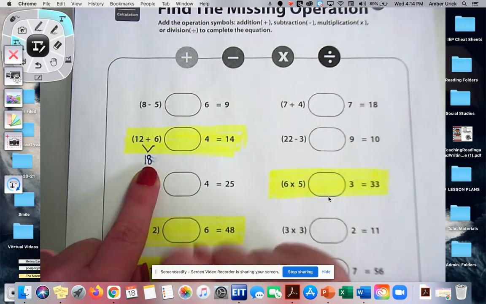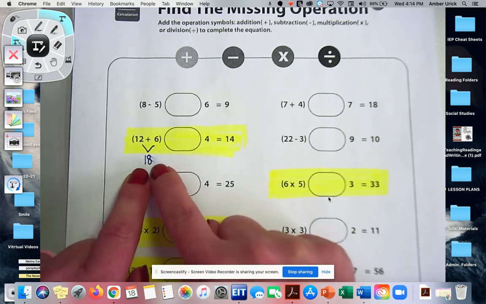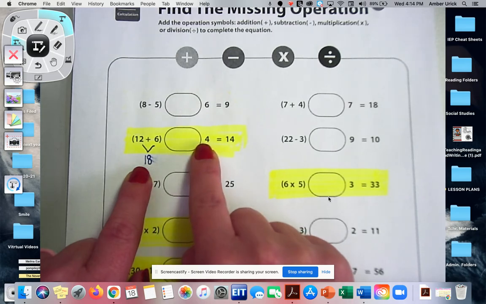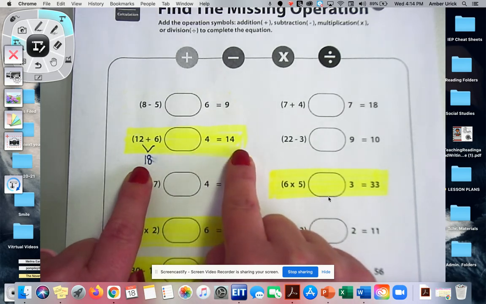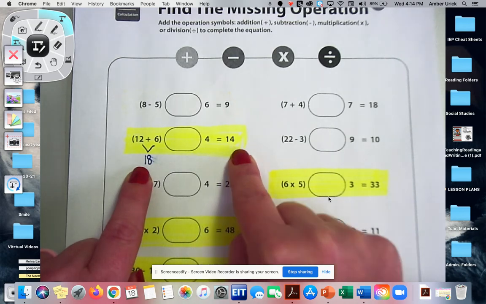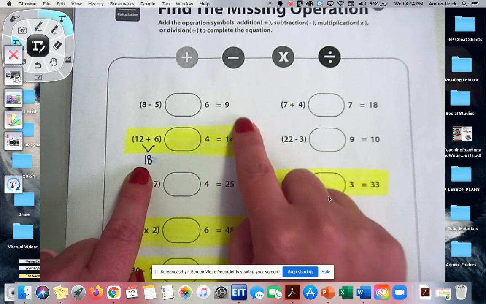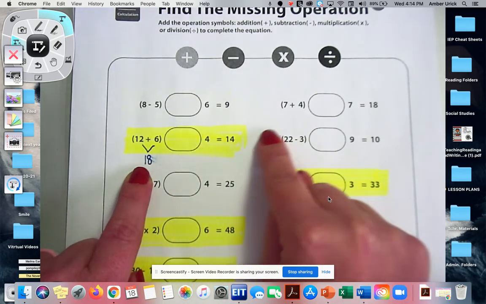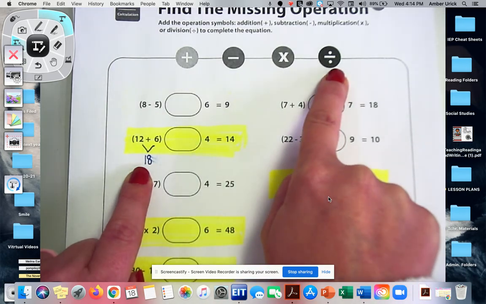Now, one thing I want you to think about: if the number that I'm going to start with is a large number, and something happens to it and it gets smaller, what has to happen to it? It's either going to use the subtraction symbol or operation, or it is going to use the division symbol or operation, okay?